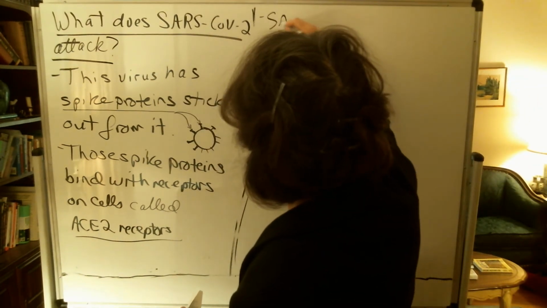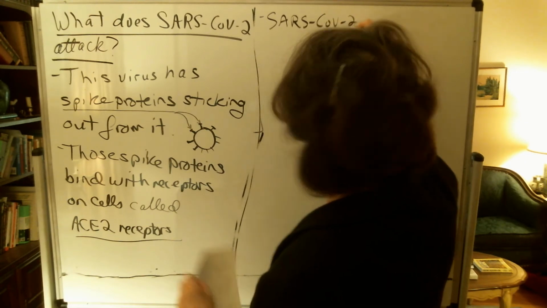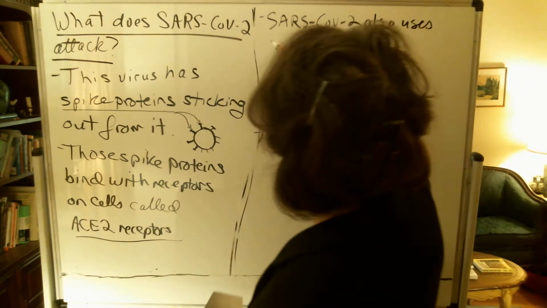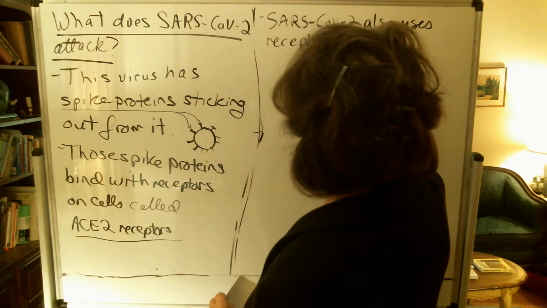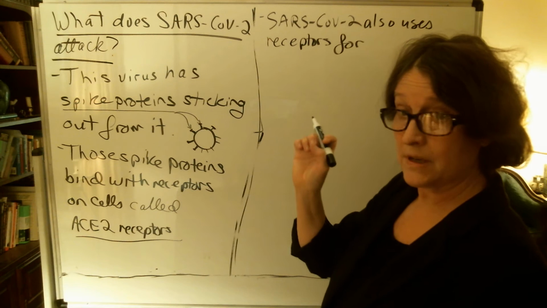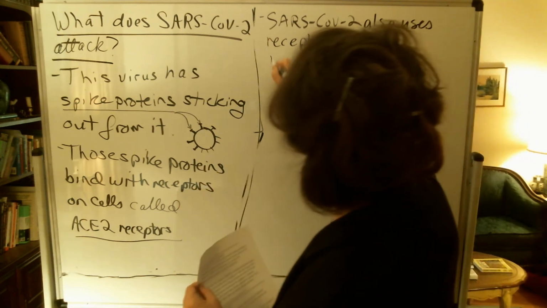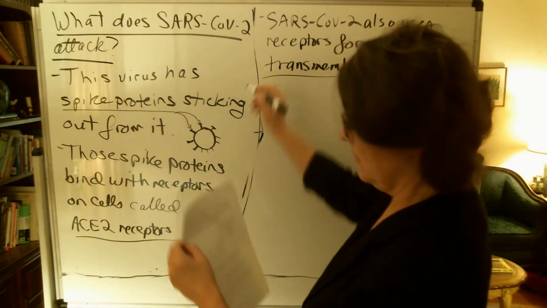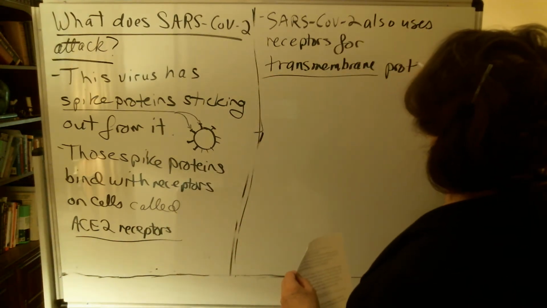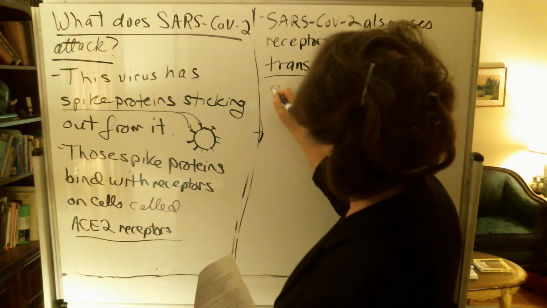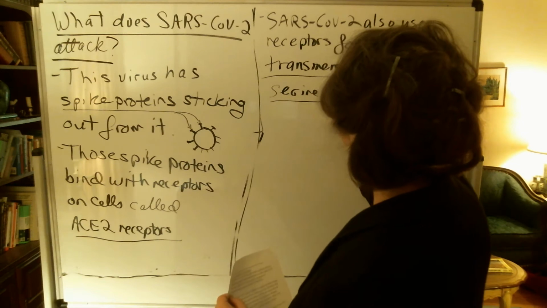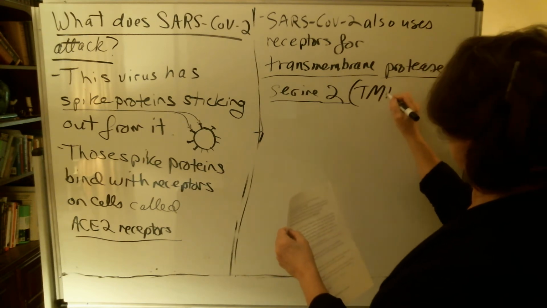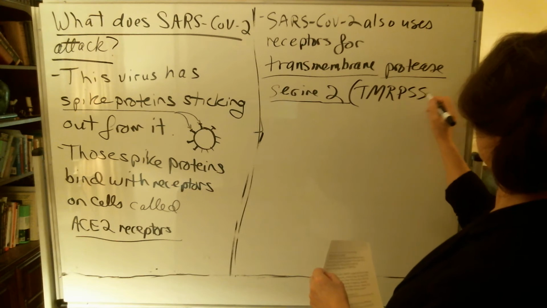SARS-CoV-2 also uses receptors for another chemical that is sometimes in your blood, transmembrane protease serine 2, usually abbreviated as TMPRSS2.